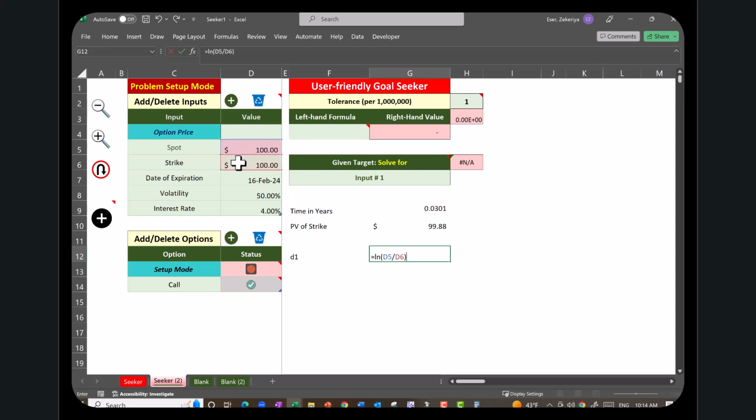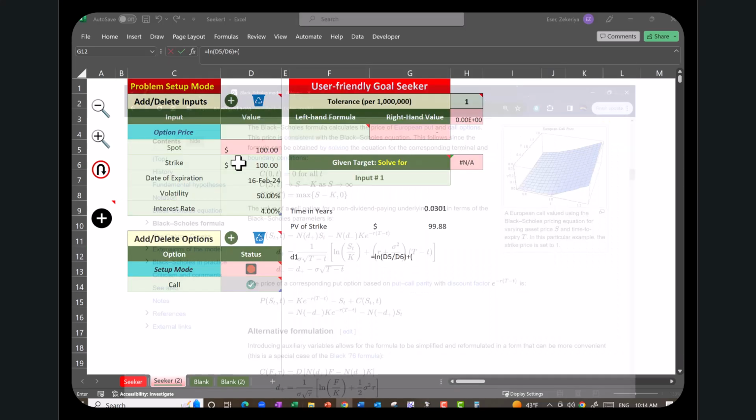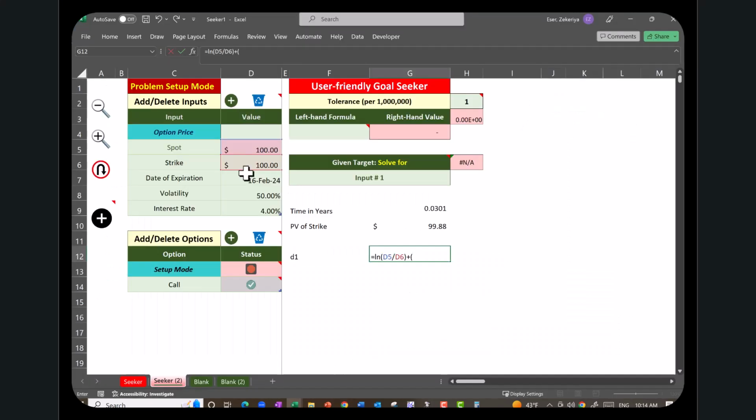That number roughly means percentage over strike, or how much in the money the call option is, plus the interest rate plus volatility squared multiply the whole thing by t, not the whole thing, but just the second one.